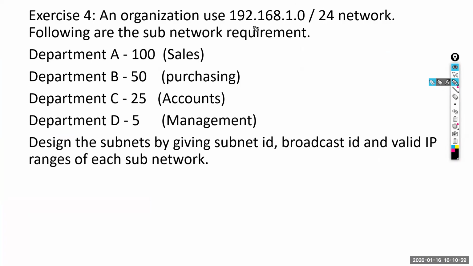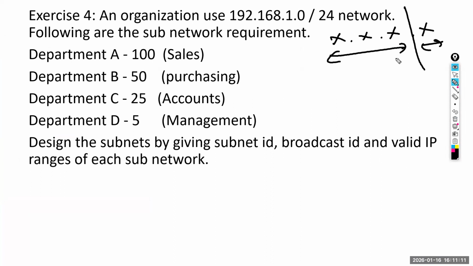So this is our address block. We have got this 8 bits to play, because /24 means this is your separation. Okay. So this time we want to create 4 subnetworks. Look at the question very clearly.